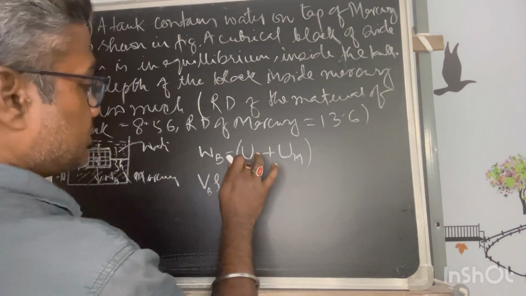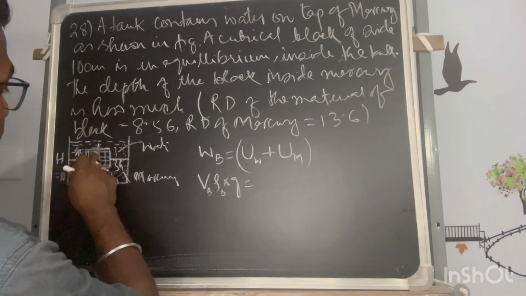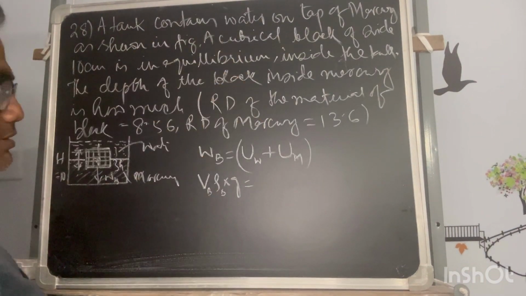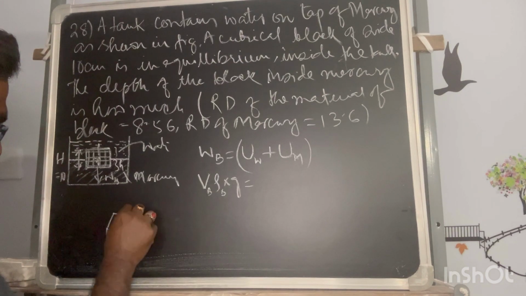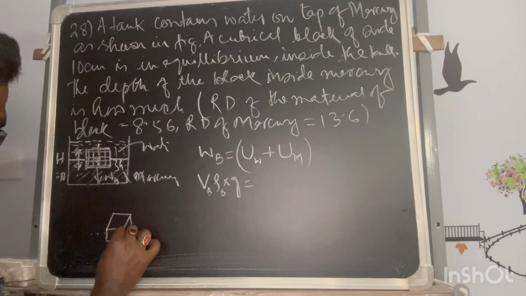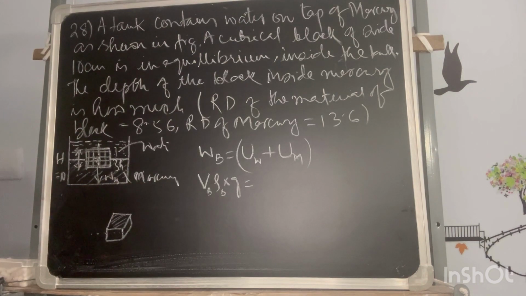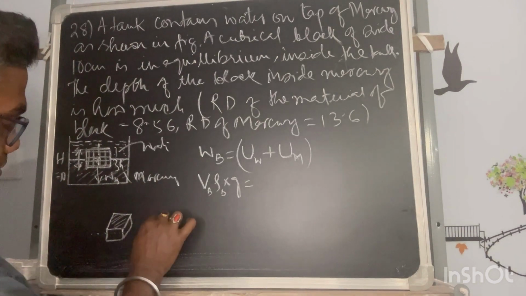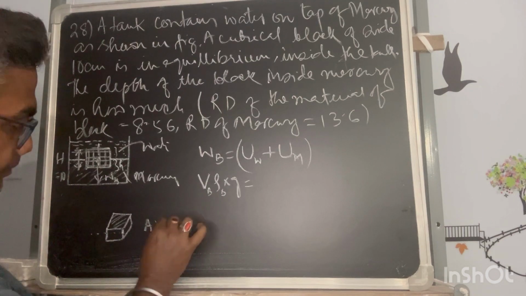The block has uniform cross section in all directions, so for both liquids the cross section is the same, and cross section into the height of the liquid column gives the volume.